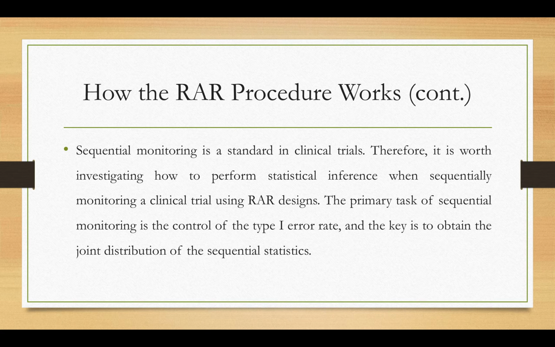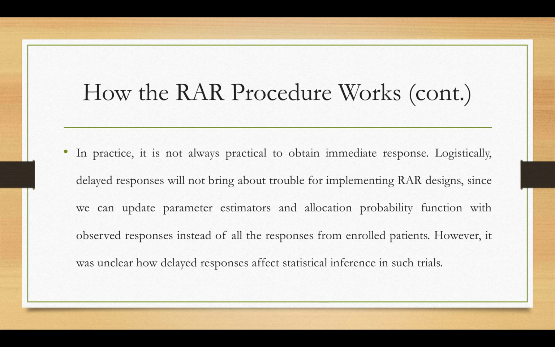Therefore, it is worth investigating how to perform statistical inference when sequentially monitoring a clinical trial using response adaptive randomization designs. The primary task of sequential monitoring is the control of the type 1 error rate, and the key is to obtain the joint distribution of the sequential statistics.